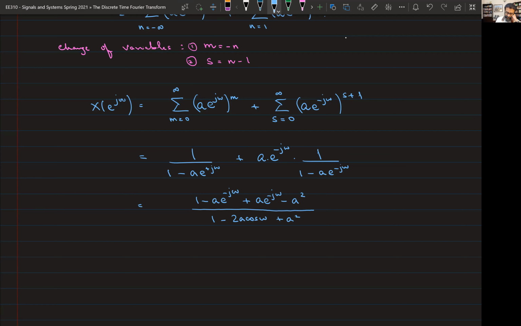And what happens here? This cancels, and this is 1 minus a squared upon 1 minus 2a cosine omega plus a squared. Let me see. Yeah, that's it, which you see is real, and actually is even as well, as you can verify.